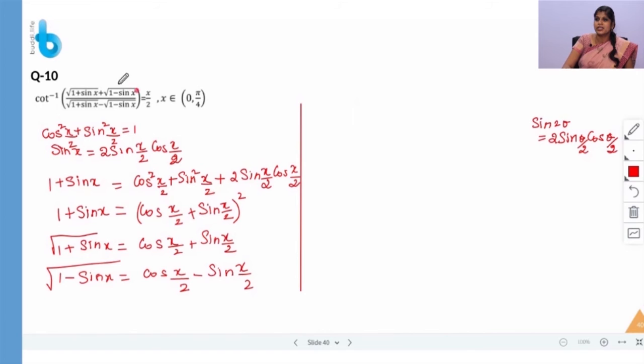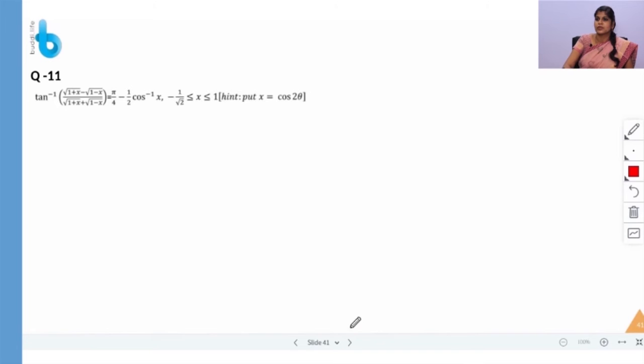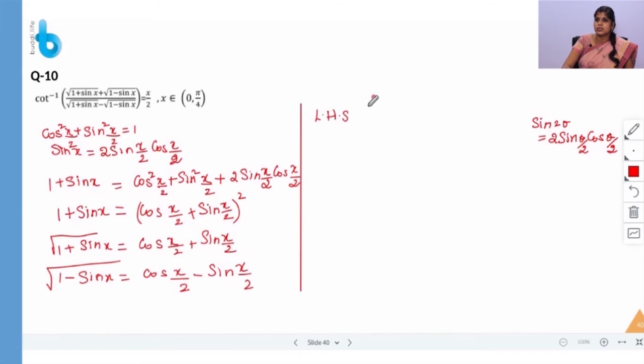Next, we will substitute in the left hand side first. Left hand side is equal to cot inverse of root of 1 plus sin x plus root of 1 minus sin x.